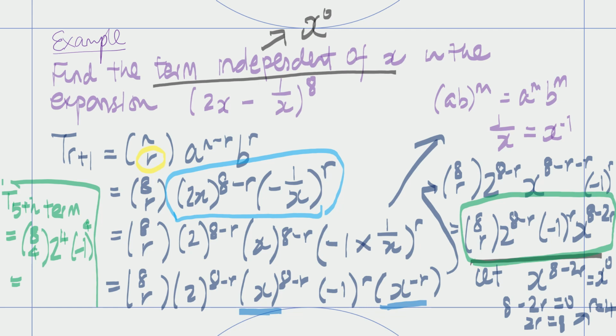You can use a calculator: 8 shift nCr 4 times 2 to the power of 4 times bracket negative 1 close bracket to the power of 4, and you get 1120. Therefore, the term independent of x is the fifth term, which is 1120.